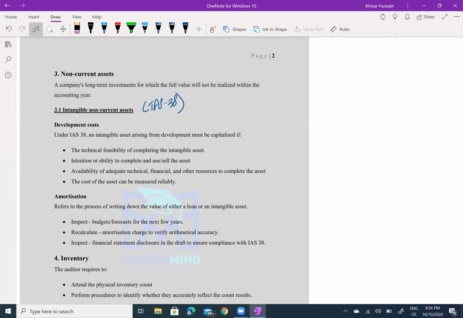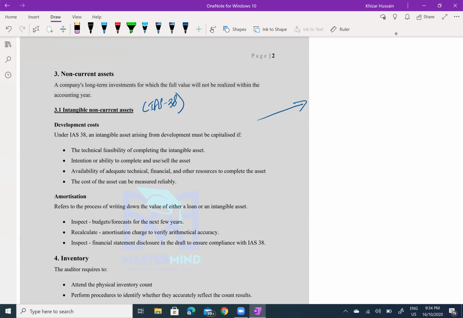What do you think you'll achieve through this, or what procedures do you think you can perform? For a non-current asset or an intangible asset, what would you like to know? The closing balance, whether it ties or not.